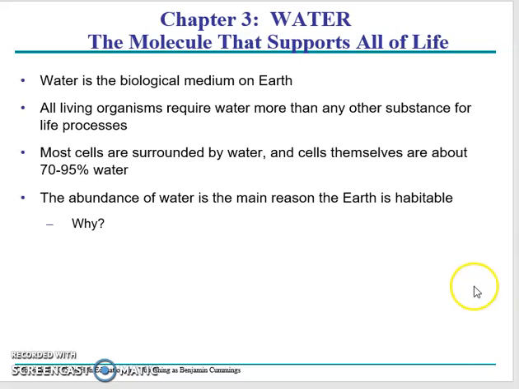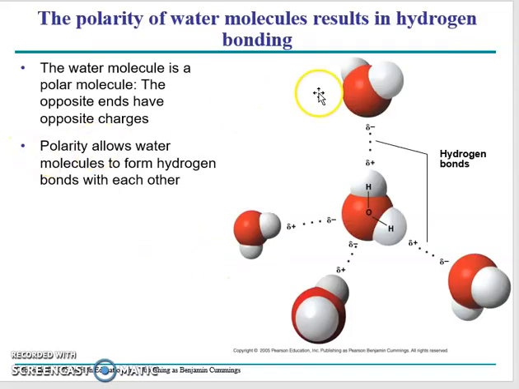So the abundance of water is the main reason the Earth is habitable. Okay, and what we're going to be doing is talking about why that is. So the water molecule, remember from the last chapter, is a polar molecule, which means one side of the water molecule, the oxygen side, is negative, and the hydrogen side, the opposite side, is positive, right?